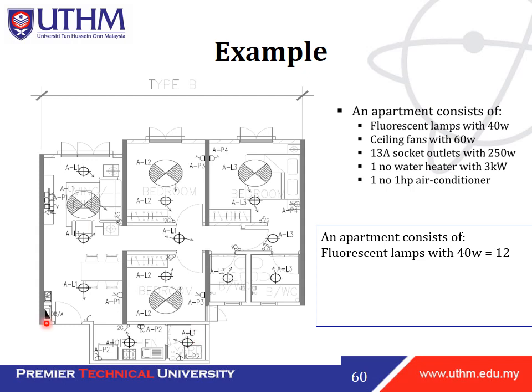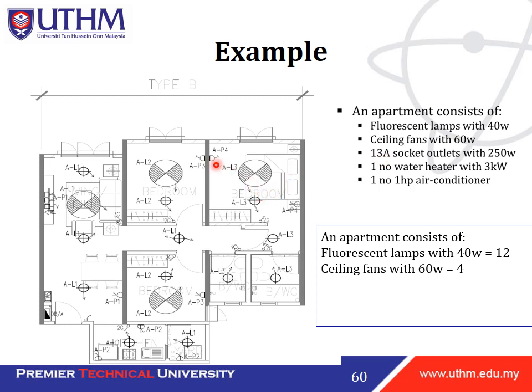And then we need to count how many ceiling fans. So 1, 2, 3, and 4. So we have ceiling fans with 60 watts, 4 units. And finally, we need to count how many 13 amp socket outlets.